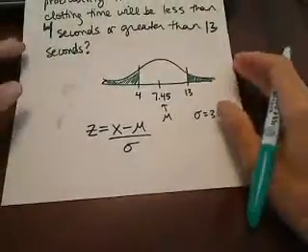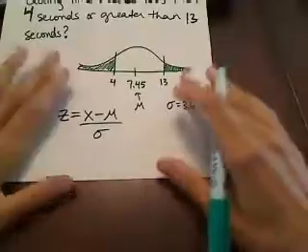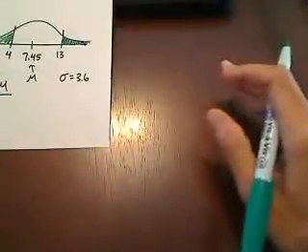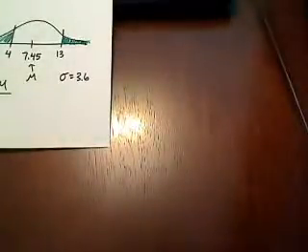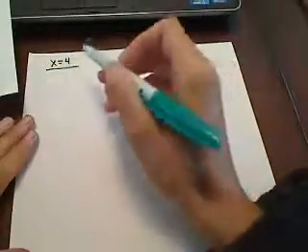Okay, so let's see, we'll come back to this. And I need more paper. Okay, that'll work. All right, so for x equals 4, let's go ahead and calculate the z-score.